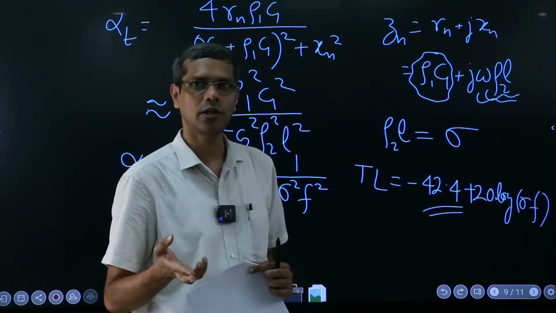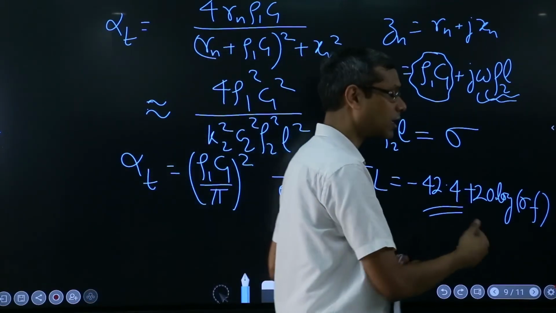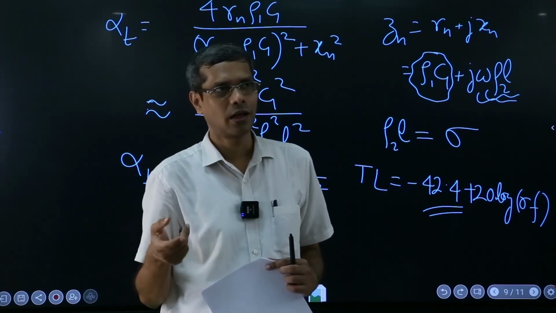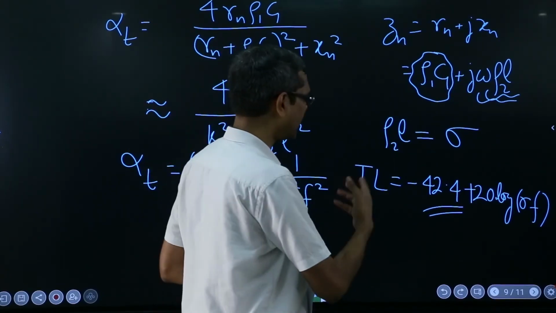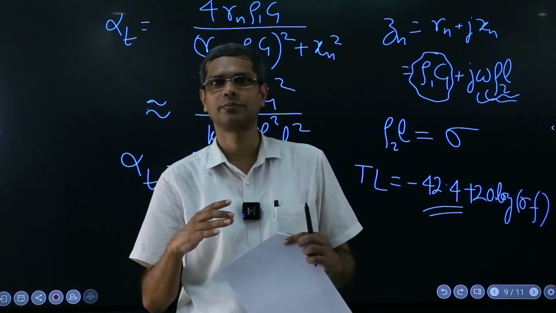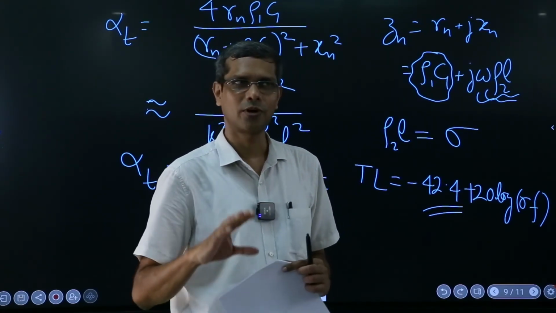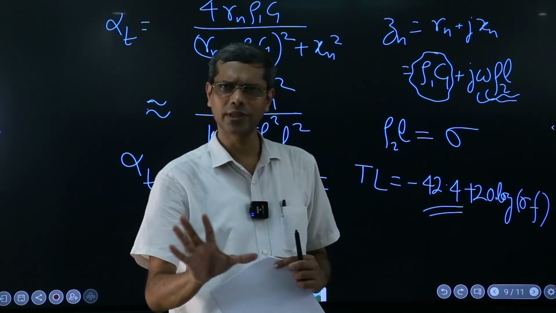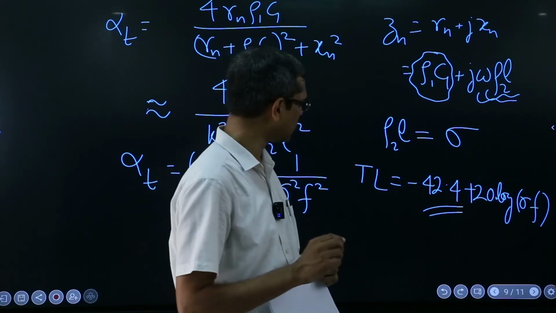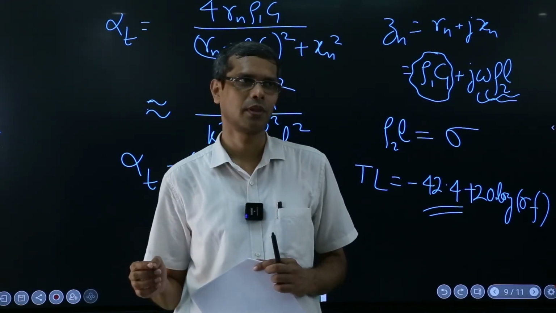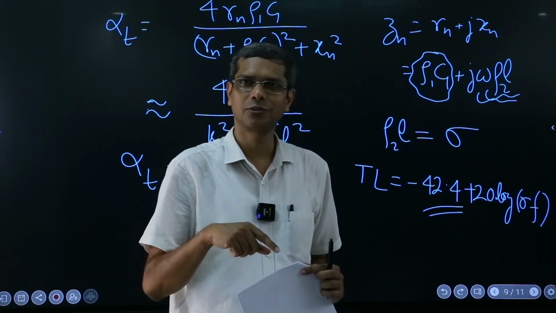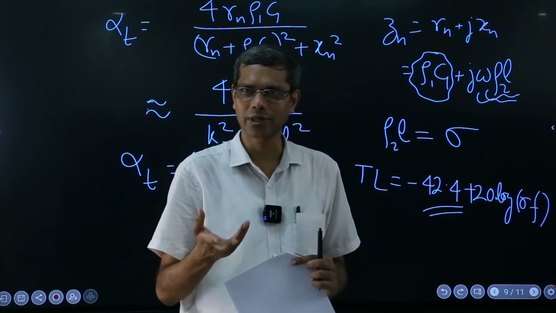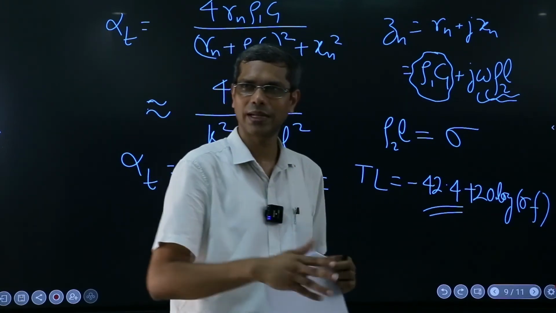Or else you can do what? The same expression, if you are considering the frequency which is twice. Then suppose you got a transmission loss of say 40 dB for 500 hertz. If I ask you now for the same wall, what is the transmission loss at say 1000 hertz? What was the transmission loss I took as example? 40 dB. If it was 40, then it will become 46 dB.